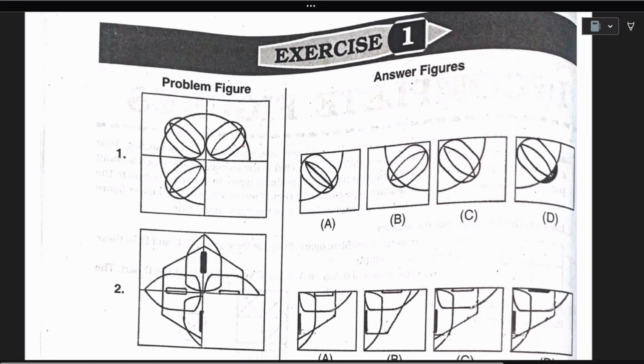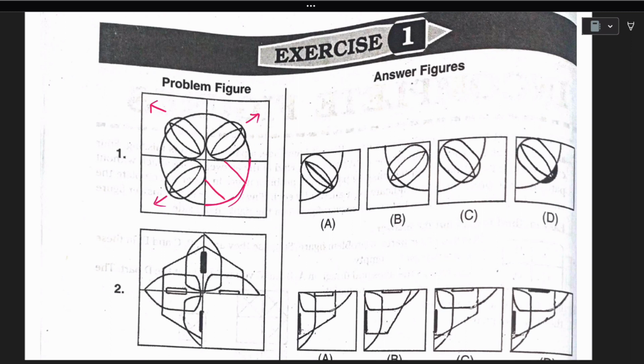Let's look into figure number 1. Here we are having 3 parts of the same kind of figures, but they are directed towards different directions. This part is directed in this direction, this one is going this way, and here it is like this. So we have to complete this circle and also that internal part. Okay, so we have to draw this figure by using a pencil carefully.